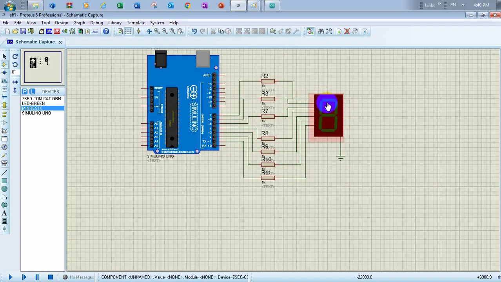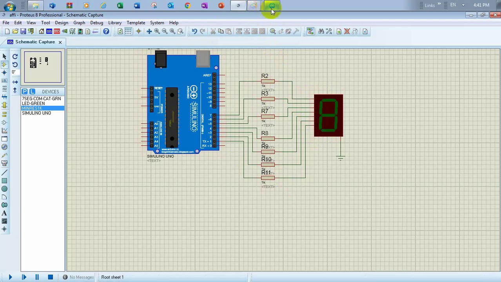Okay, for now each segment is linked to each pin. So what program should we write here?